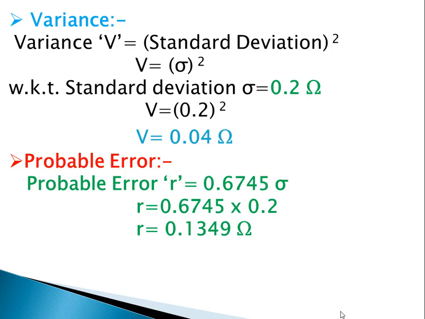After calculation, the value of R becomes R is equal to 0.1349 ohm. This is how you have to solve the value of variance and probable error.